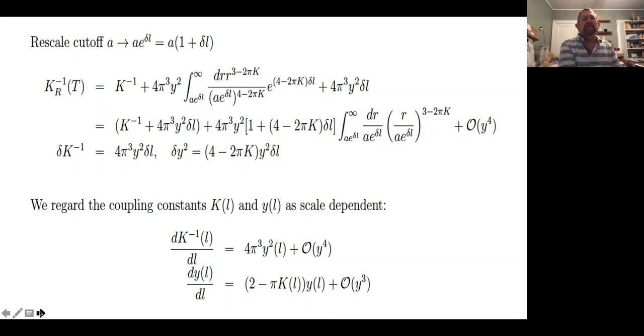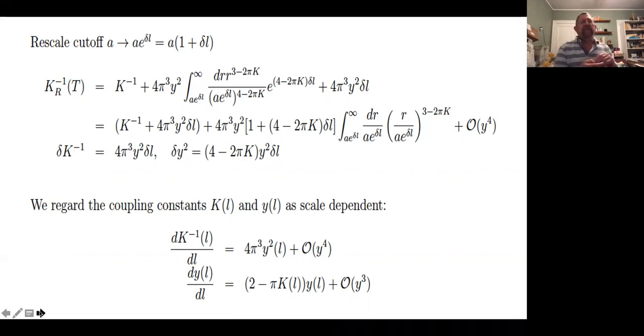And so you can express the renormalized, the inverse stiffness constant as K to the minus 1, which is just basically the coupling constant, plus a term proportional to y squared, the square of the vortex fugacity. And then what we start with is an expression with the integral from a to infinity over the length.